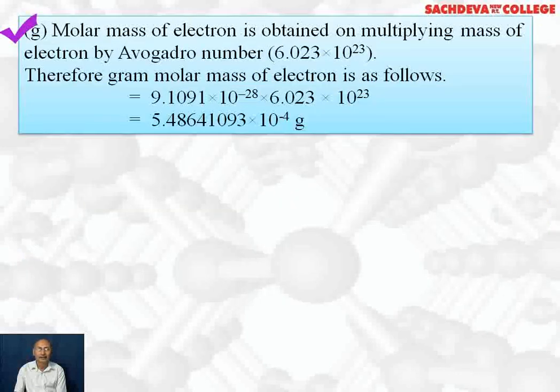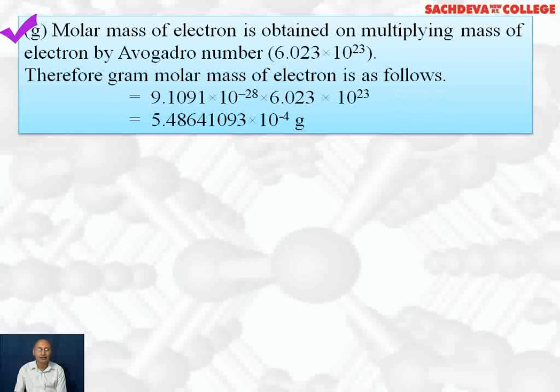Molar mass of electron is obtained by multiplying mass of electron by Avogadro number, that is 6.023 into 10 power 23. So gram molar mass of electron is equal to 9.1091 into 10 power minus 28 into 6.023 into 10 power 23.